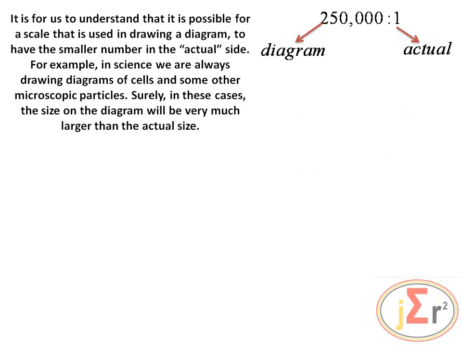There we have it. So we cannot switch it around, the same numbers we are using. So it is possible that the one on the diagram is very much larger than the actual, and that we will expect if we are drawing the diagram of a plant or animal cell or a blood cell.